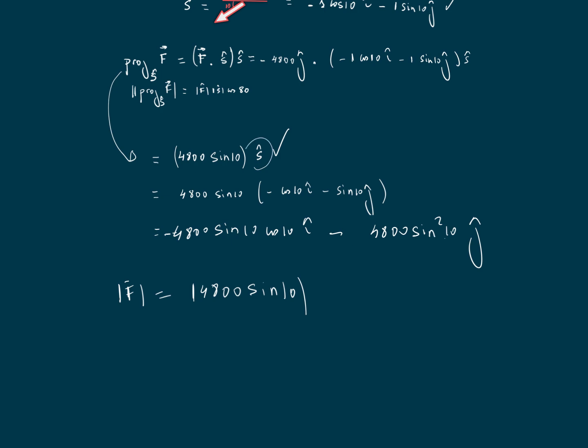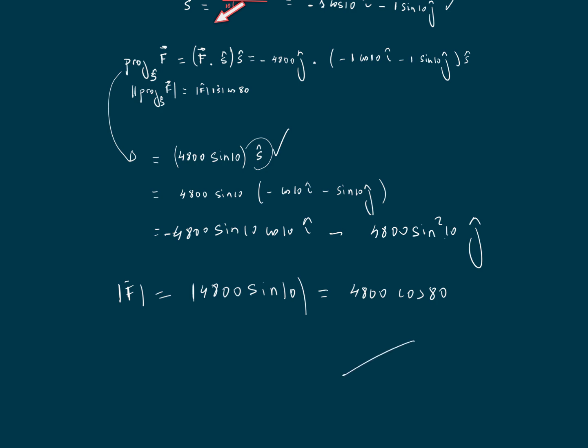So this is the magnitude of the force that exists in the S direction. And of course, this is equal to 4,800 cosine of 80, because sine of 10 is the same as cosine of 80.